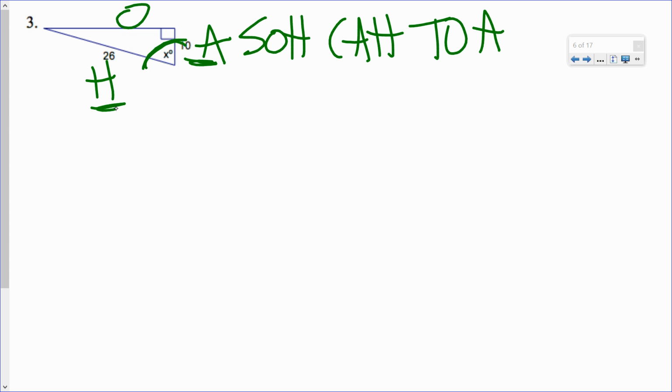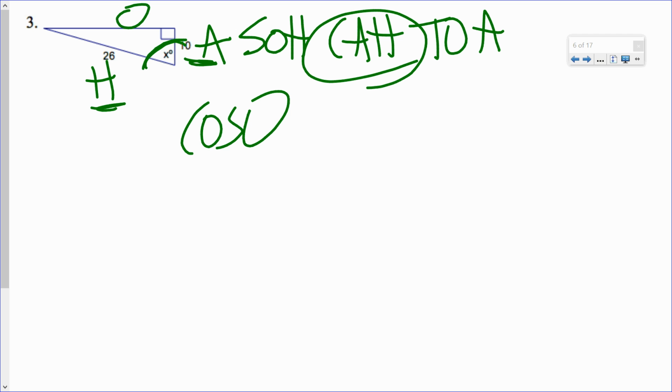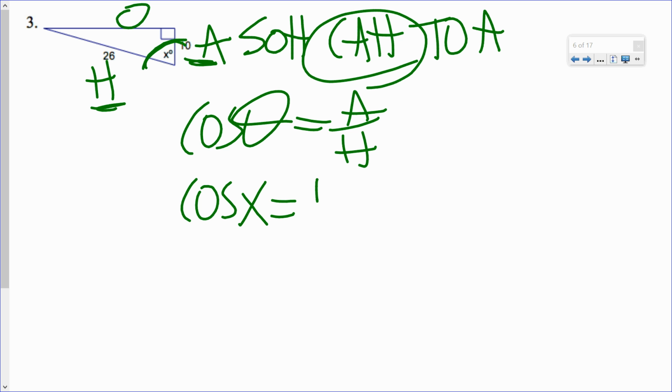A and H. Cosine theta equals A over H. Theta in this example is x. A is 10. H is 26.